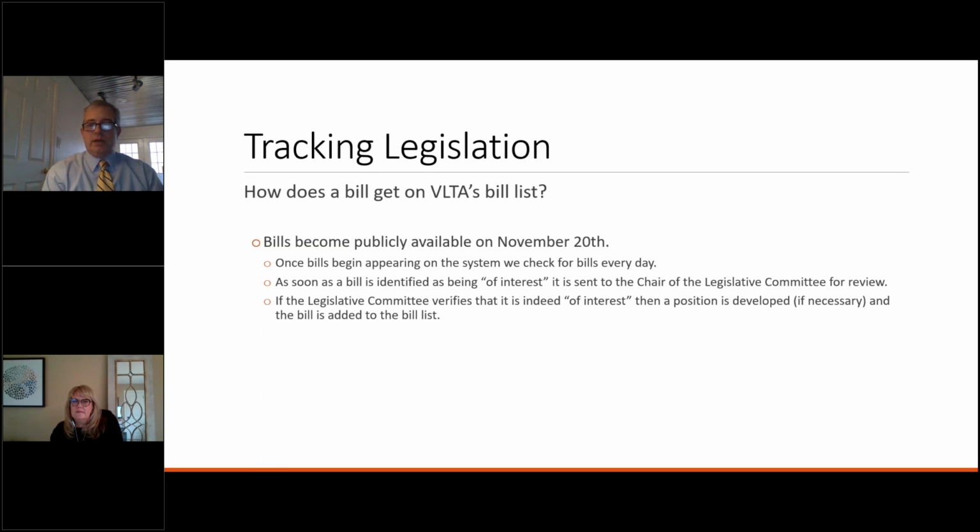Then it's sent to the chair of the Legislative Committee for his review and the entirety of the Legislative Committee's review. If the Legislative Committee verifies that it is indeed of interest, either in a good way or a bad way to VLTA, then we develop a position, and that bill is permanently added to our bill list. The bill list is what we use to track legislation as it moves through the General Assembly session. Go ahead, Catherine.